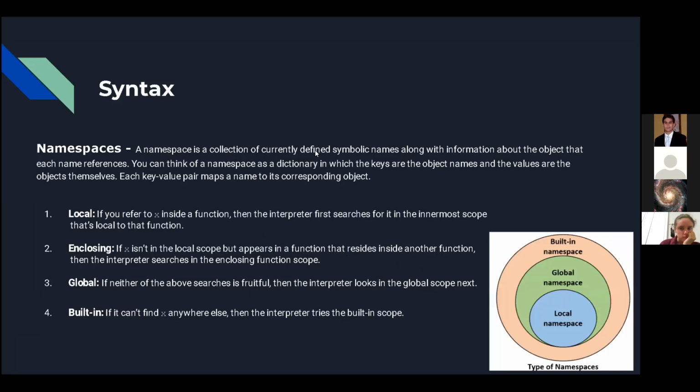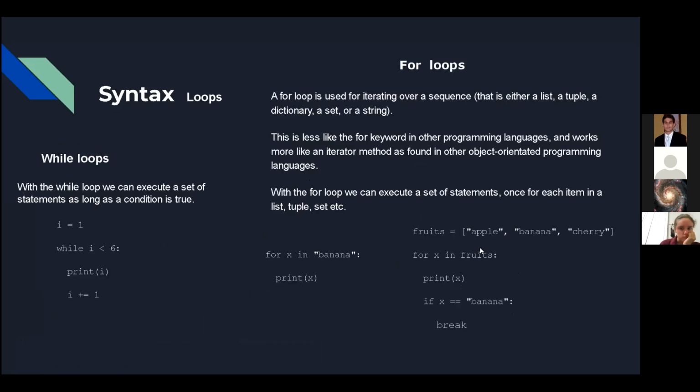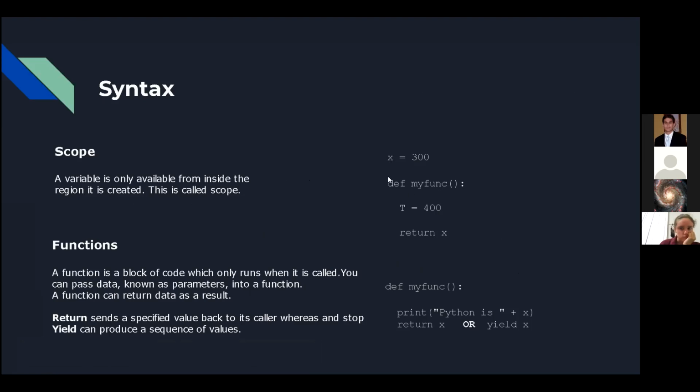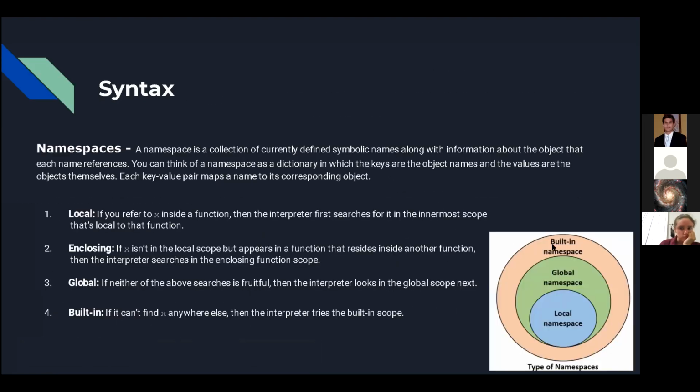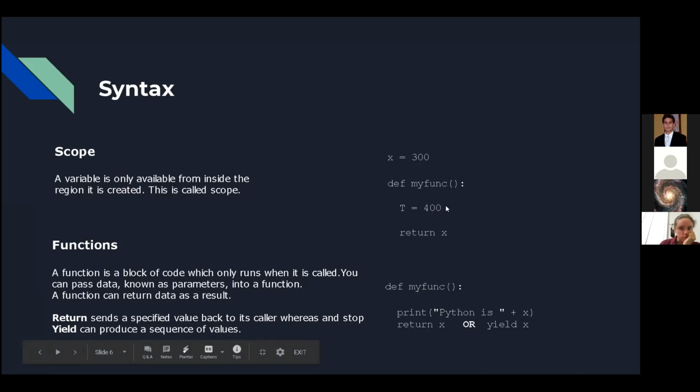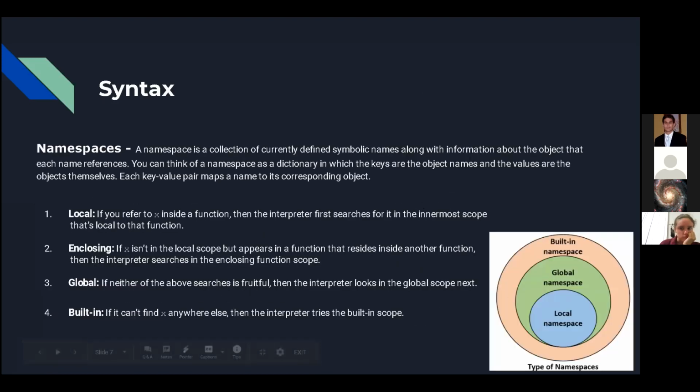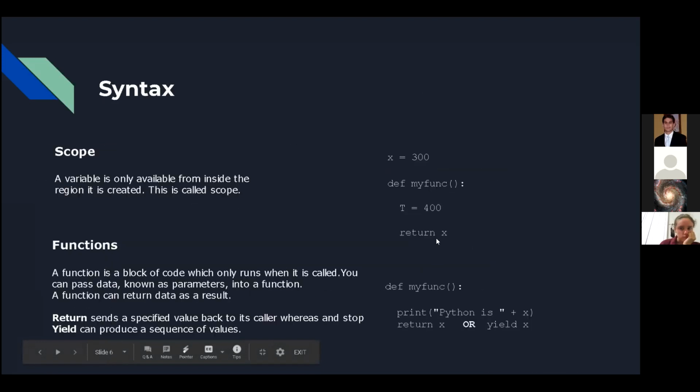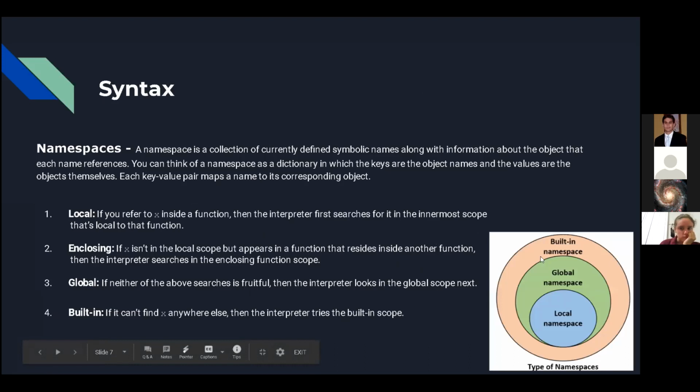And then the namespace is basically what I was telling you, when you have different parts of your variables. In this case, these ones are in the same namespace, right? And because this one has an indentation, it's in a different circle.